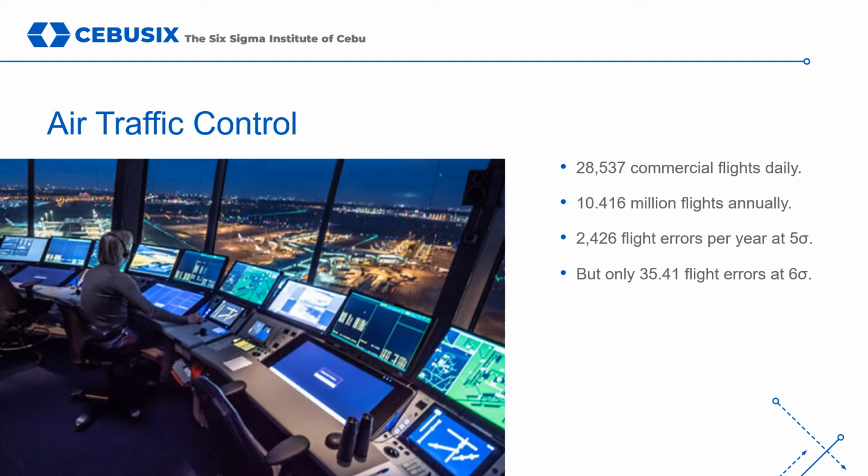Luckily, we live in a world where it is safer to fly than to drive, because when operating at a 6 sigma level, that risk drops to only 35.41 errors per year. Would you feel safer knowing that air traffic control process operates at a 6 sigma level? Or are you okay with it operating at only a 5 sigma level?